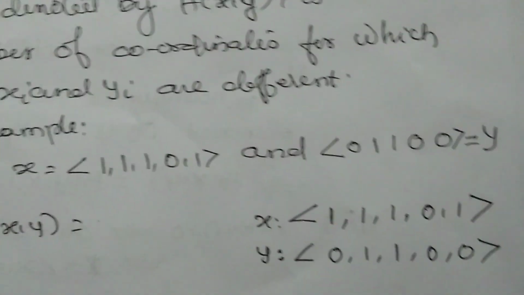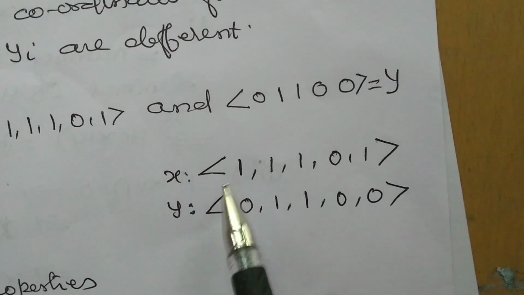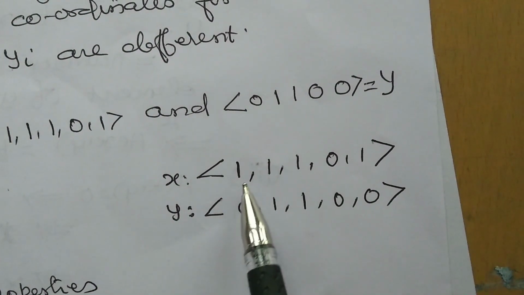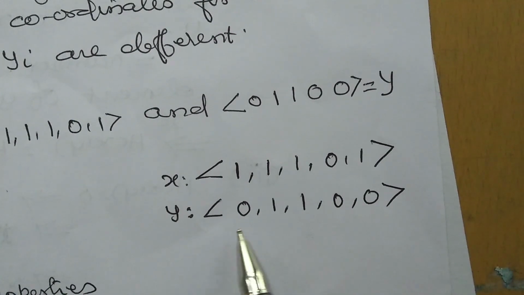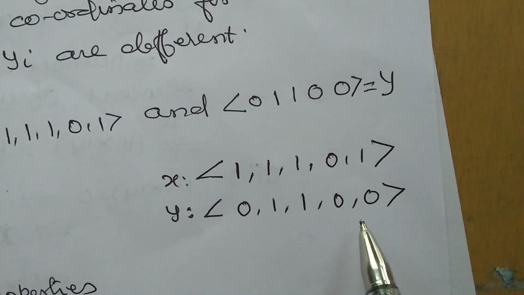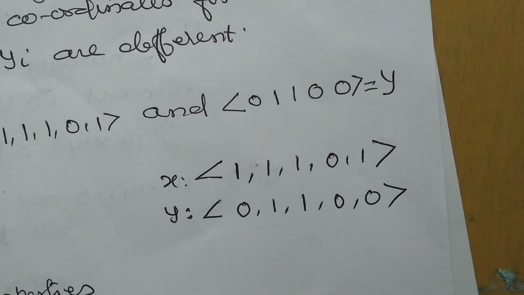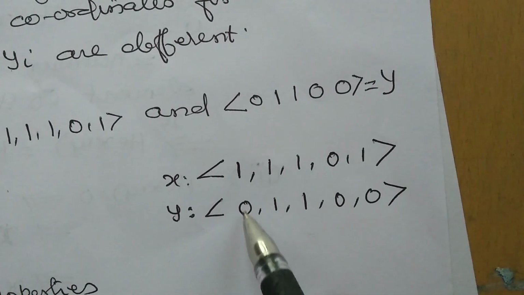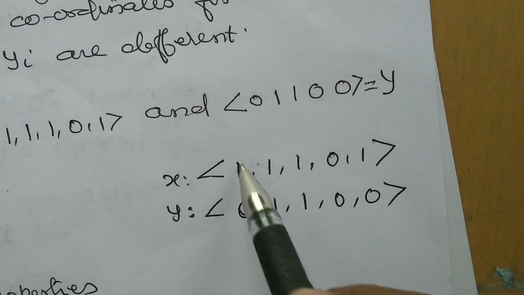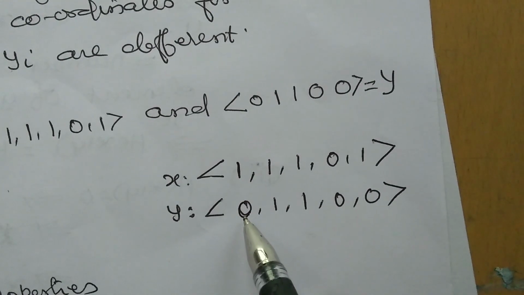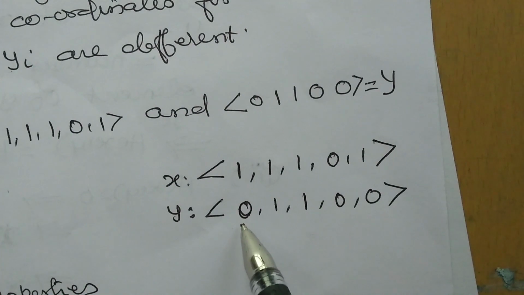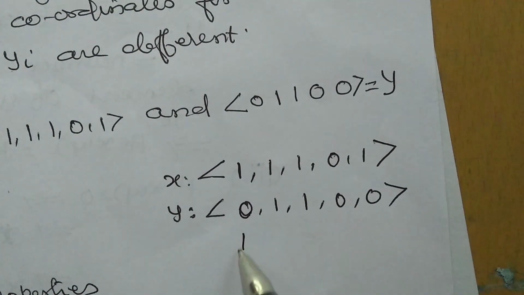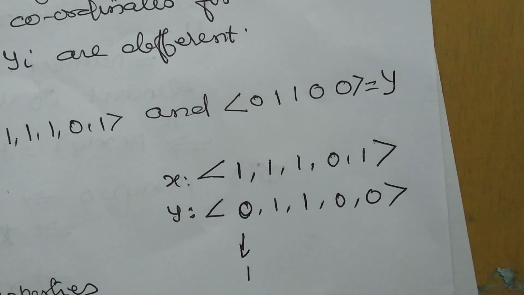That means, suppose x is equal to 1, 1, 1, 0, 1, and y is 0, 1, 1, 0, 0. Now you take the first element from each tuple. Here the first element is 1 and the first element is 0, so not identical, so distance is 1.